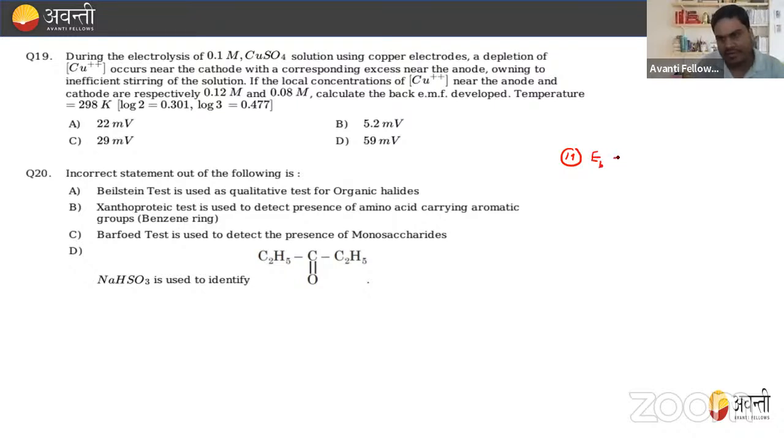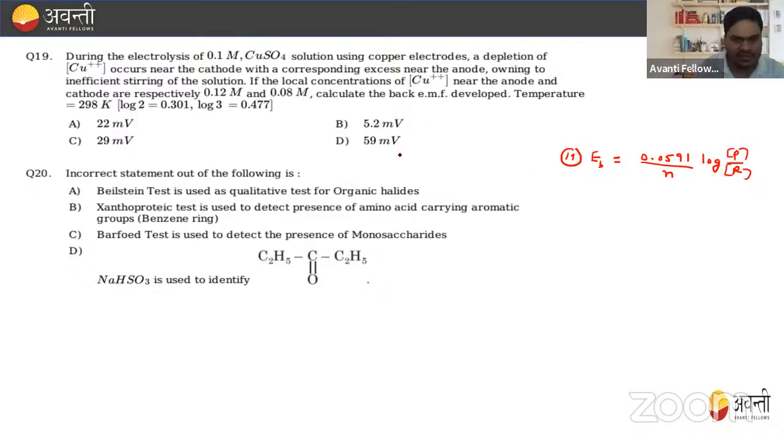This is equal to 0.0591 divided by n, times log of the concentration ratio, right? Near the anode and cathode the concentrations were given, so we have to use this.